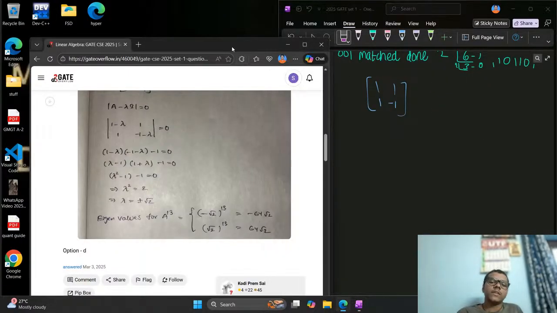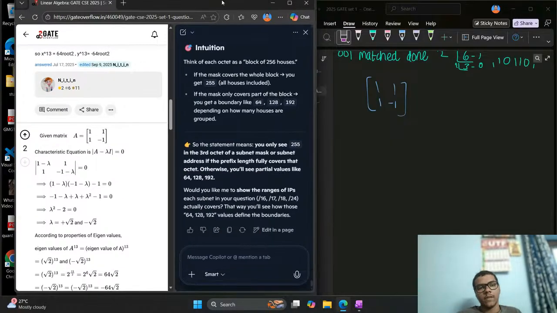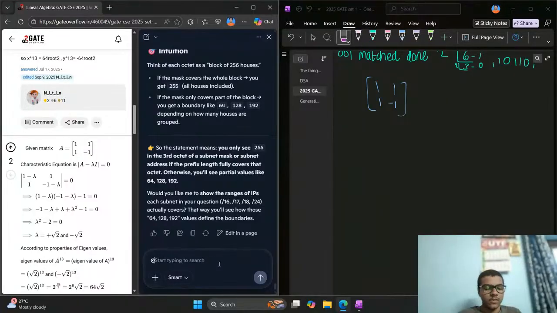How do you find the eigenvalues of a 2 by 2 matrix? We just learned for 3 by 3 dot. That's it.